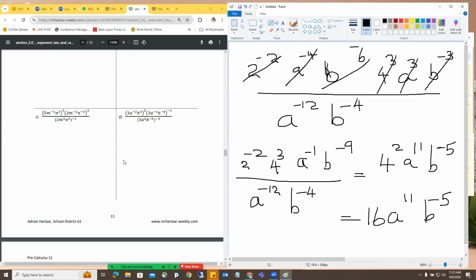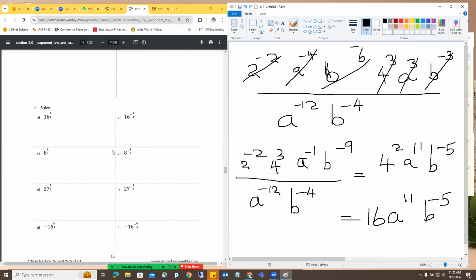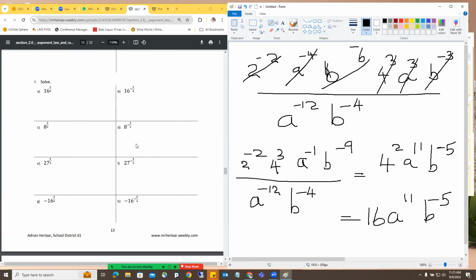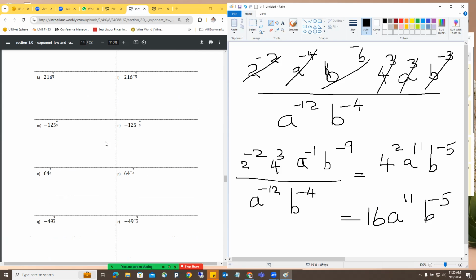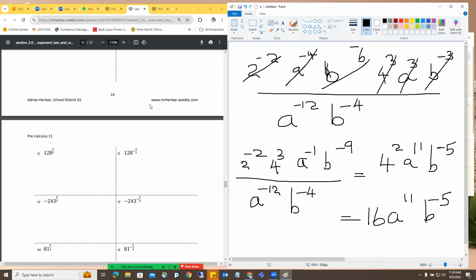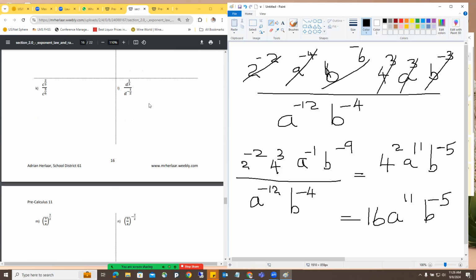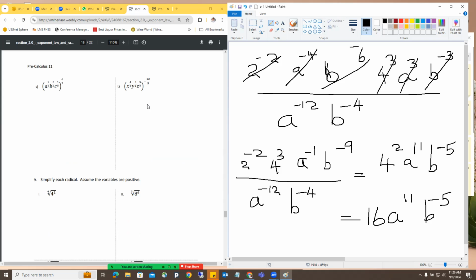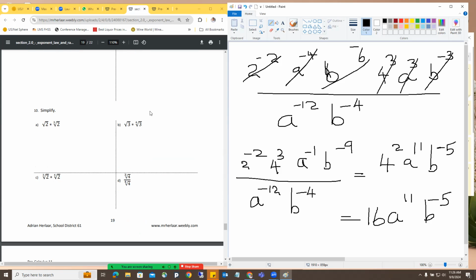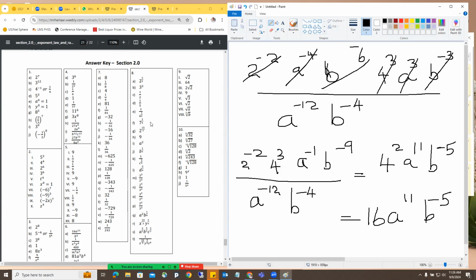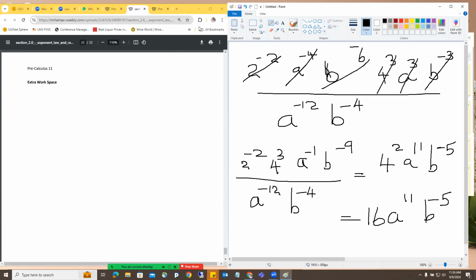Okay, you can do the entire thing at home. That means we have already covered the first section. When I refer to the entire book, the book is easy, and here we have the answers as well.